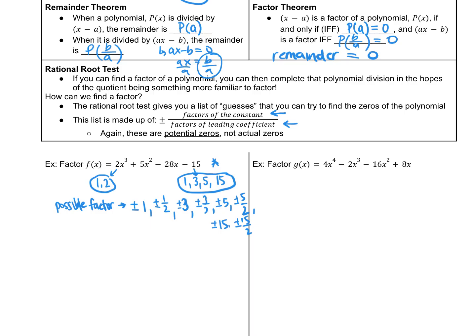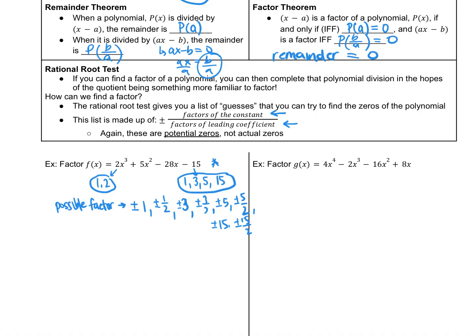If I plug 1 in for x, I'm going to go to my calculator and just punch it all in at once and see what I get. F at 1 is negative 36, so that's not a good factor. Now I'll try negative 1. F at negative 1 is 16. That's no good. Now I can try the 1/2 versions, but honestly I like to try my whole numbers first, so I'm just going to jump to positive 3.